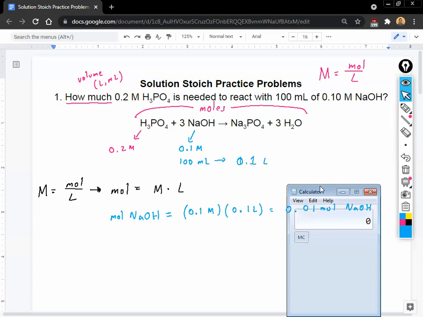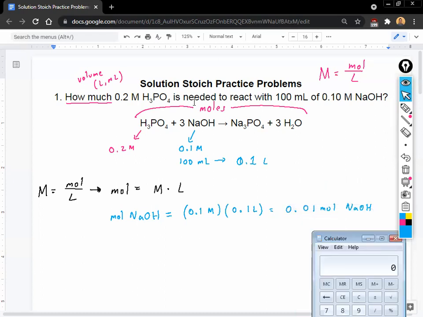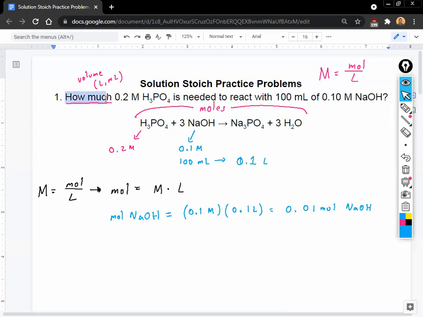Okay, so now we're going to use the balanced equation to convert that into moles of H3PO4, because we are looking for the volume of H3PO4, and so we need to turn it into H3PO4 using the equation. So we're going to take the value that we have, 0.01 moles of NaOH.